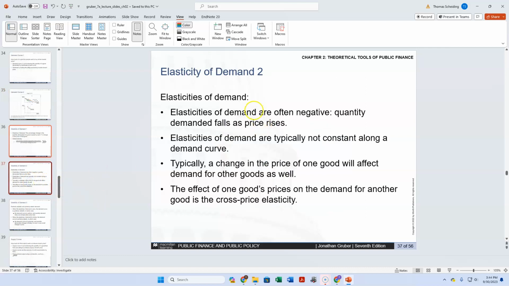And we then take with that the idea that the elasticity is not going to be constant along the demand curve. The elasticity of demand, which is always negative, tends to become more and more elastic along the curve.